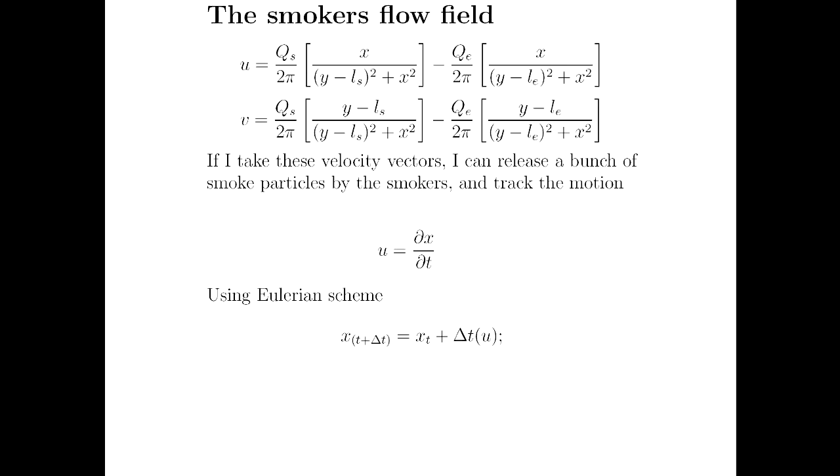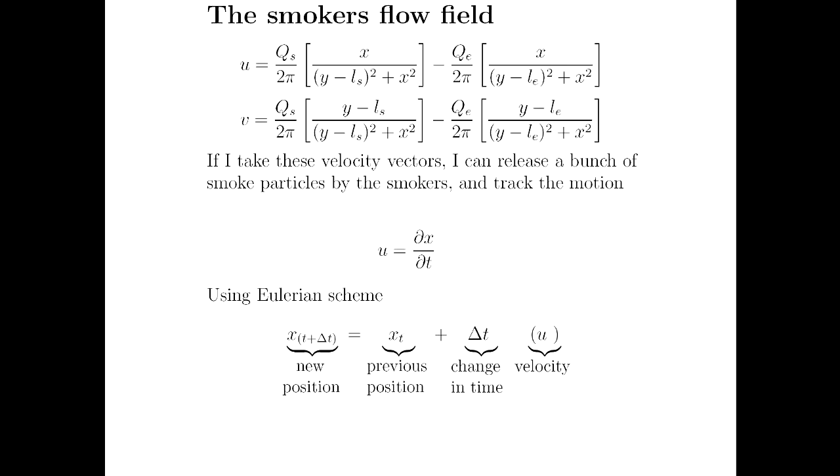Now, if I take these velocity vectors, I can release a bunch of smoke particles by the smoker, and I can track the motion of these particles as well. I can do that because I know that u is just equal to del x over del t, and using an Eulerian scheme, a first order time stepping scheme, it basically says that the new position of my particle is going to be equal to the old position of the particle plus some small time step times the velocity of the particle.